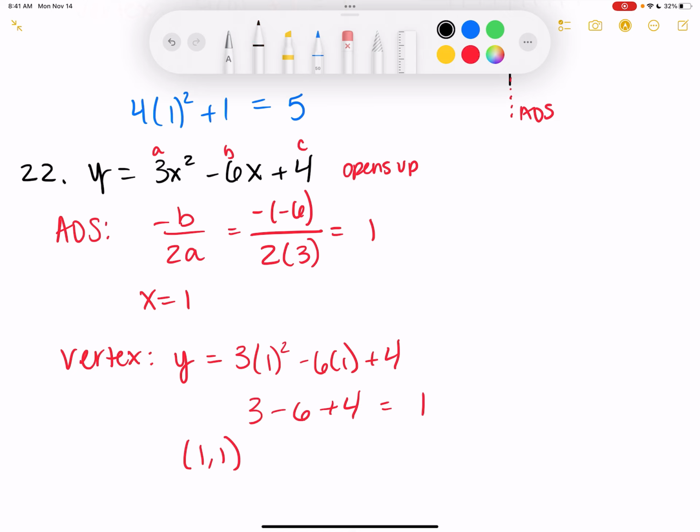And I can set up my graph now. So my axis of symmetry we said is at x equals 1, so we're going to go to 1 and we're going to draw a dotted line on the whole thing.